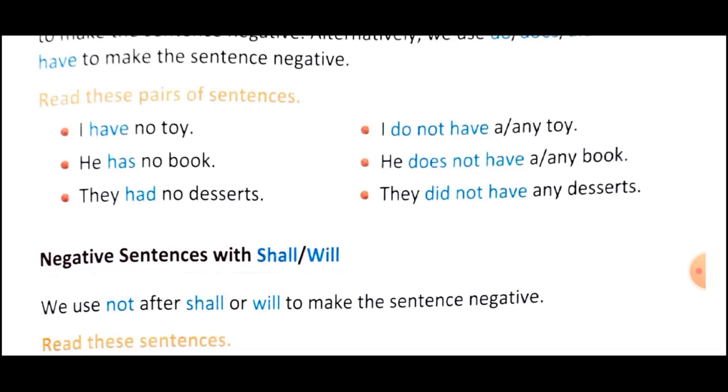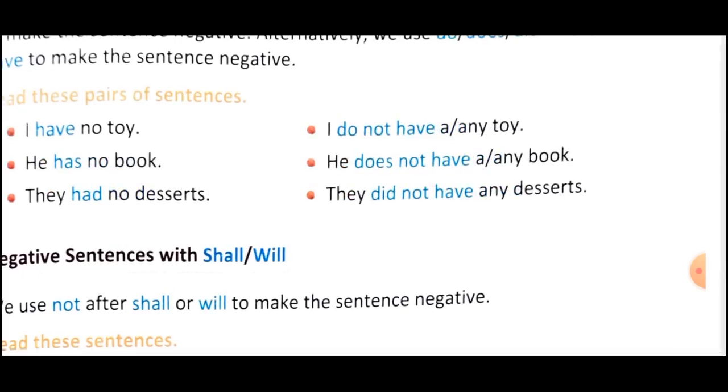Okay. Now with has, have, had, you can also add not. In what way? Let's see that. First example is given here, in which the sentence is written, I do not have a toy.